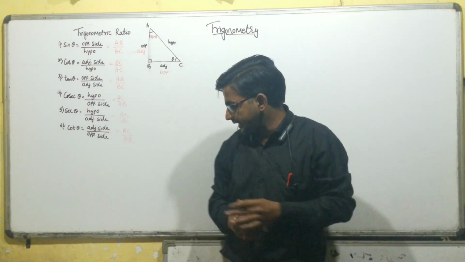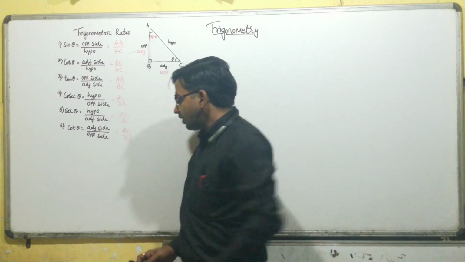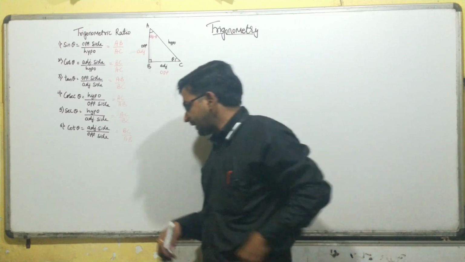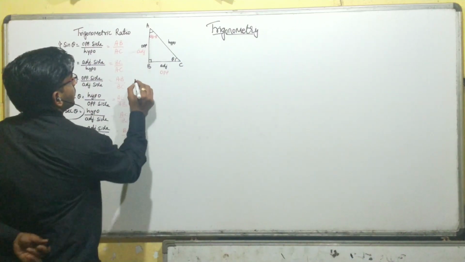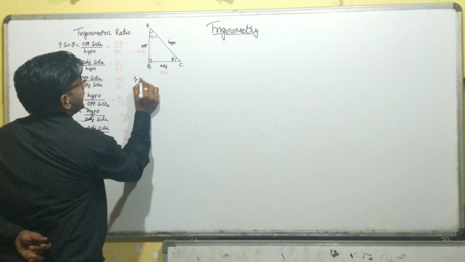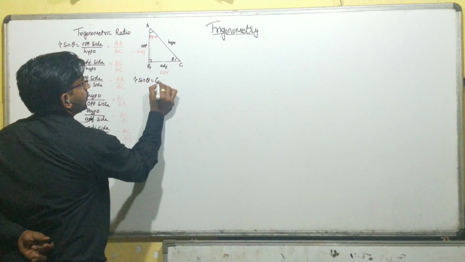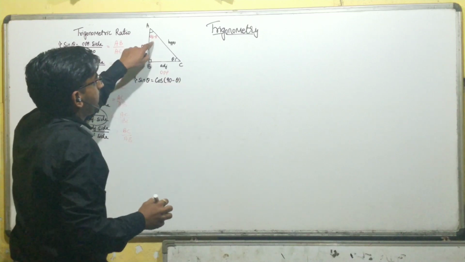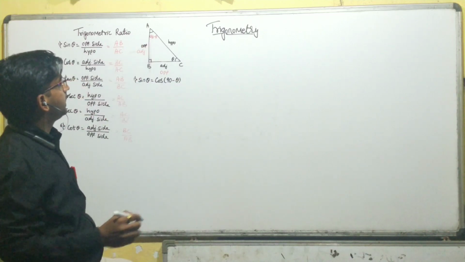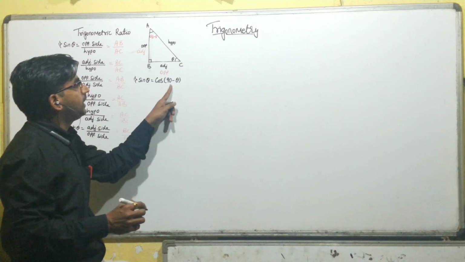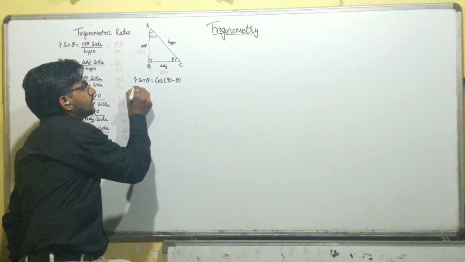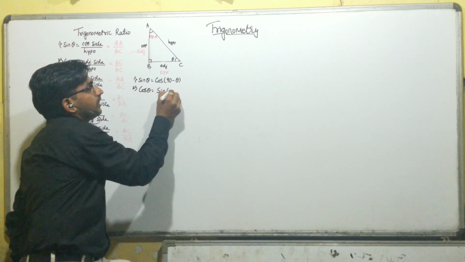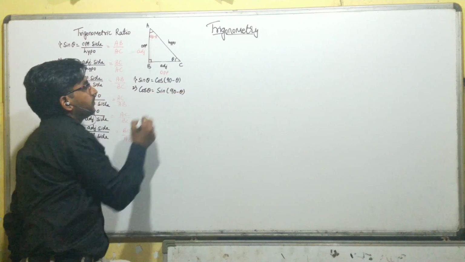Now next, after trigonometric ratios, we have some more formulas. The first one is sin theta is equal to cos of 90 minus theta, which I had explained before. If we have sin theta, it will be cos 90 minus theta. Second is cos theta is equal to sin 90 minus theta.